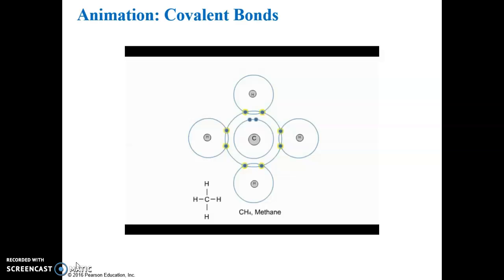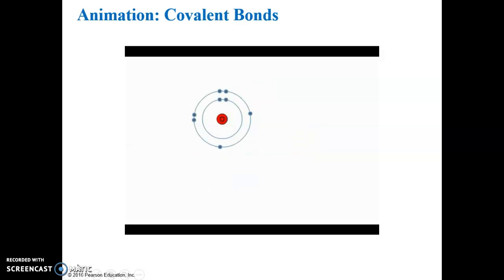Methane is a compound, a substance formed by the combination of two or more elements. We call methane natural gas. It is the fuel burned in gas stoves and furnaces. An oxygen atom needs two additional electrons to fill its outer shell. Thus it can form two single covalent bonds. An oxygen atom can share electrons with two hydrogen atoms, forming a molecule of water containing two single covalent bonds.